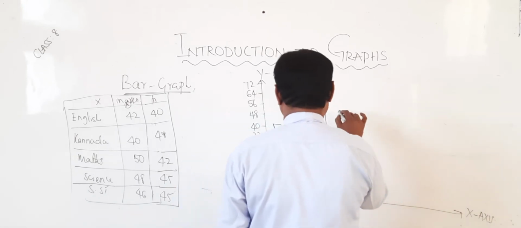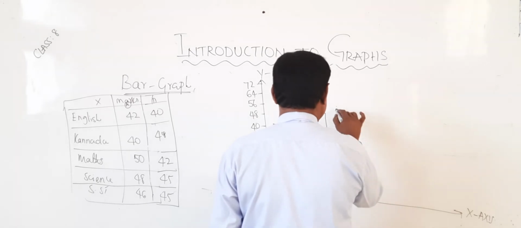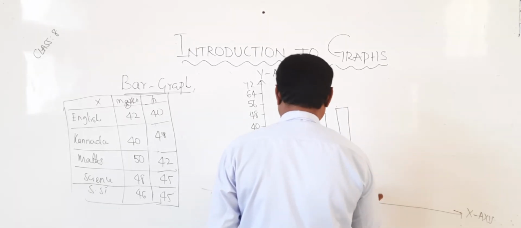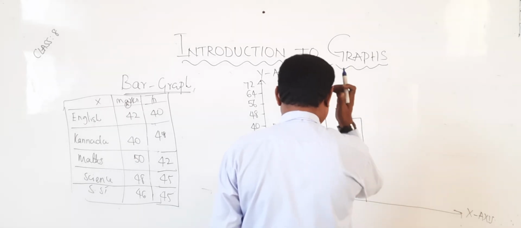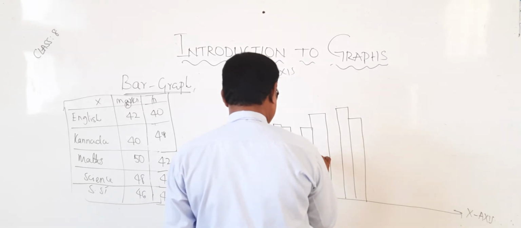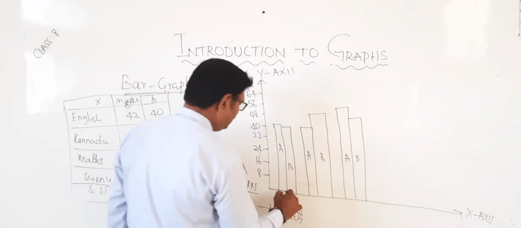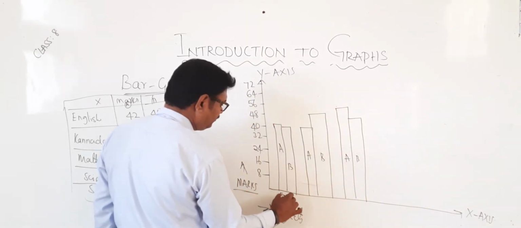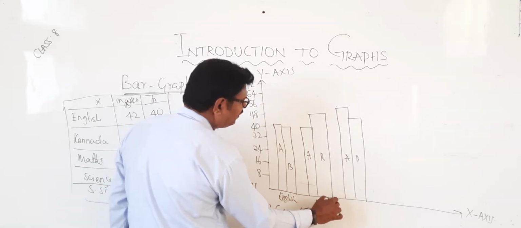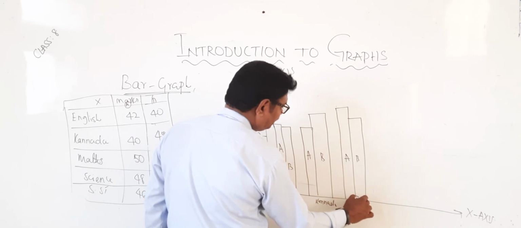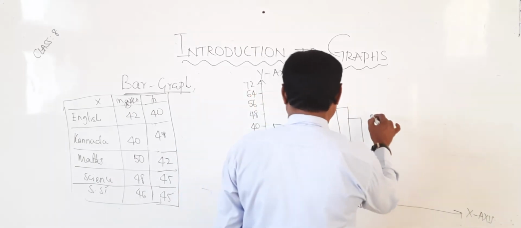Then maths: 50, 42. This is A, this is B. This is A, this is B. Here it is English. Here it is Kannada. Here it is maths. Science: 48, 45, 48.